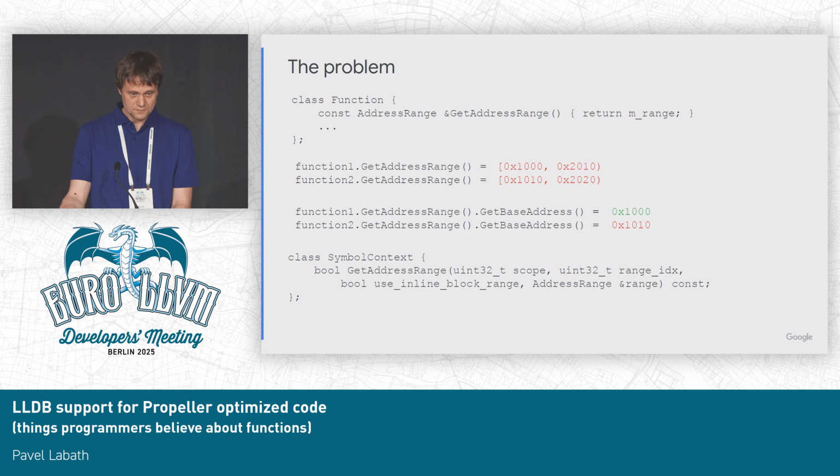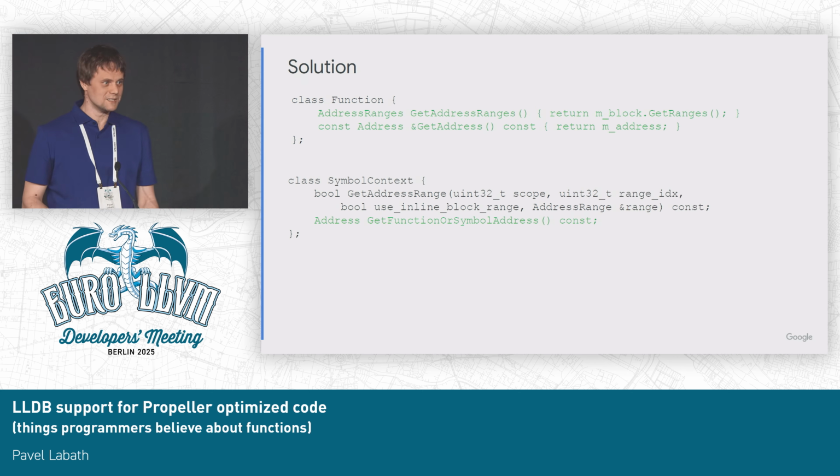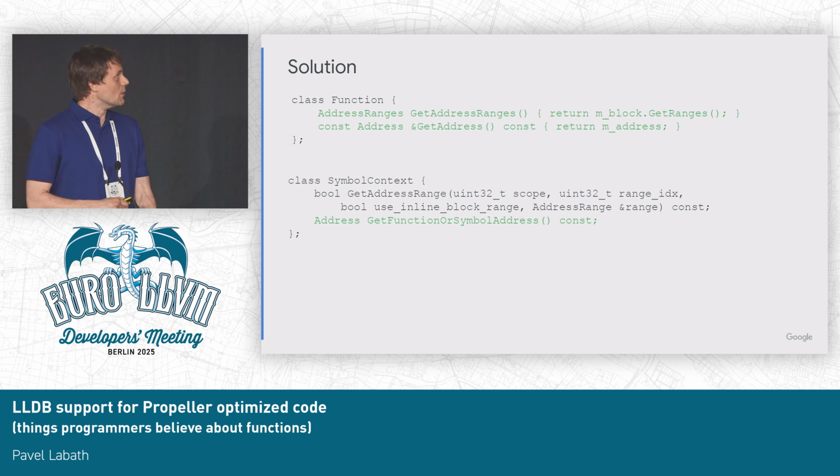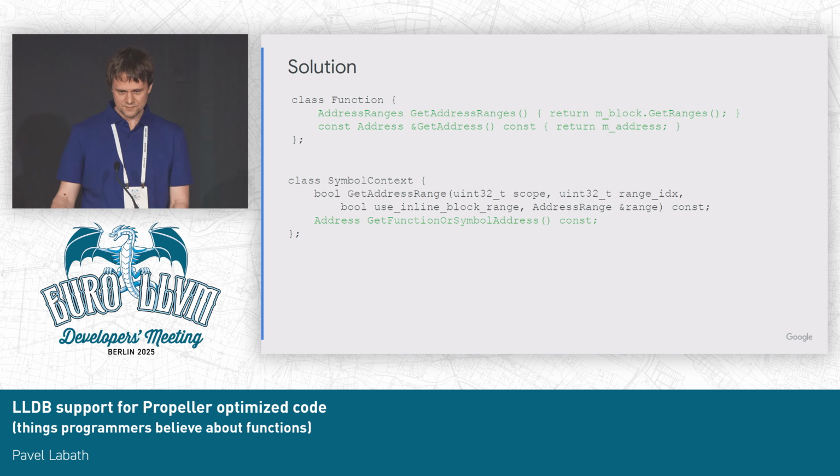So what to do about this? At one level, the solution is really simple. Just have a different set of APIs. So I added one API to get the list of ranges rather than just a single range, and then another separate API to get the address of the function.